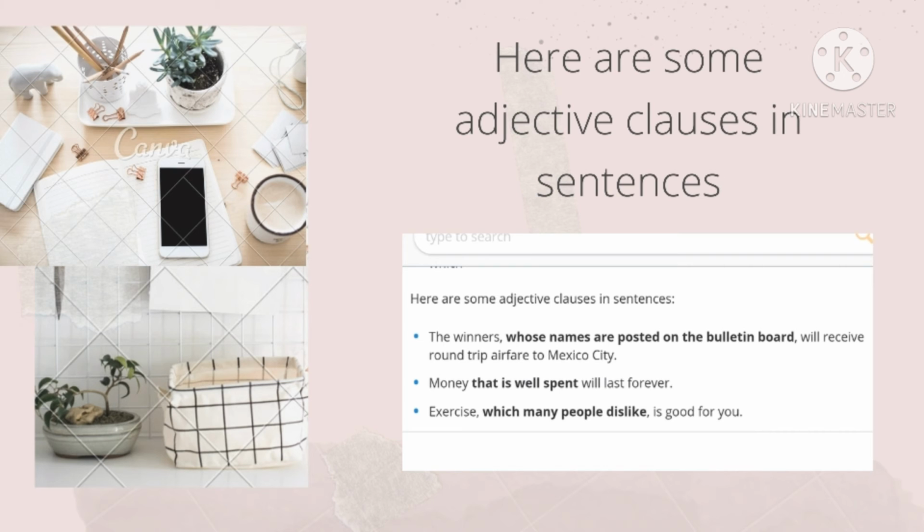Number 2: money that is well spent will last forever. Number 3: exercise, which many people dislike, is good for you. And we can see in this pattern the bold sentences show the adjective clause, and the key words are whose, that, and which.